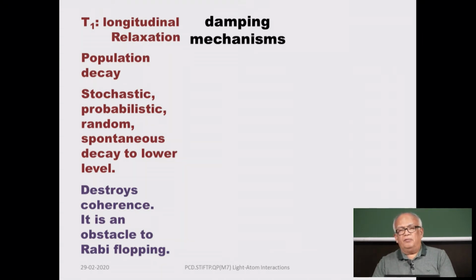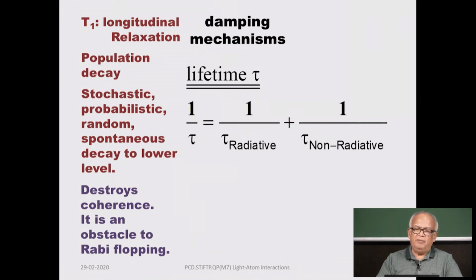You expect a certain coherence to be maintained between the light and the atomic states, but this coherence will be destroyed, and this will come as a hindrance to the Rabi oscillations. This is an effect that you cannot avoid, and it will depend on the lifetime of the excited state.